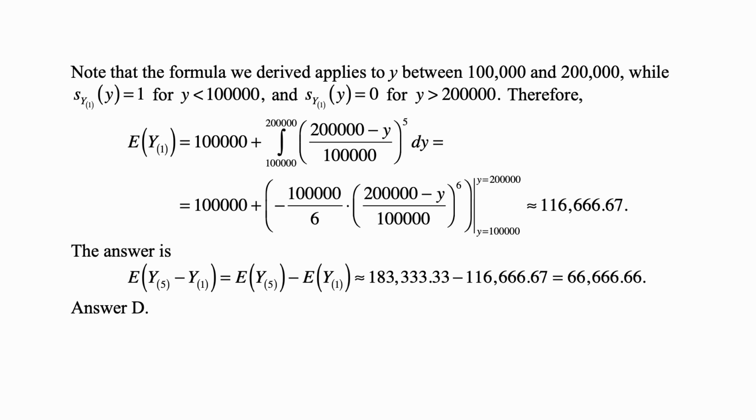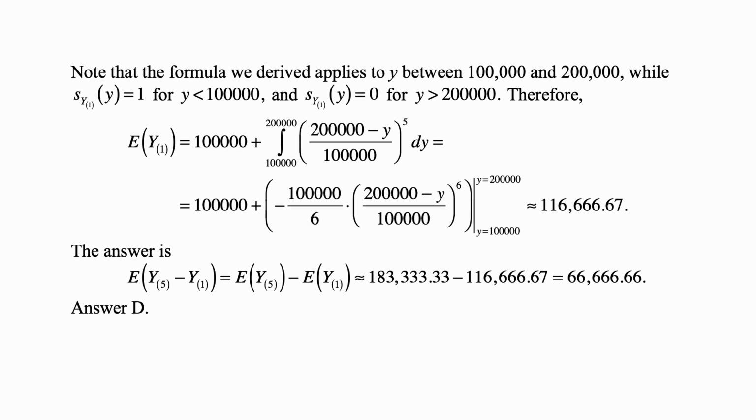And that's equal to 100,000 plus negative 100,000 over 6 times ((200,000 minus y) over 100,000) to the sixth, evaluated from 100,000 to 200,000, and that gives us 116,666.67.